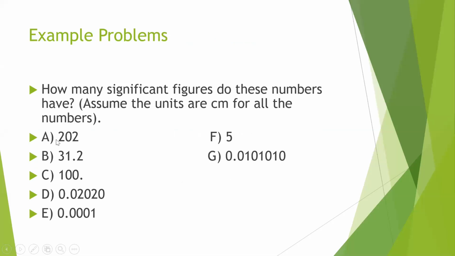So for A, how many significant digits are in 202? Good job, everyone. There's 3. So all non-zero digits are significant and anything between significant digits are significant for a total of 3. How about B?